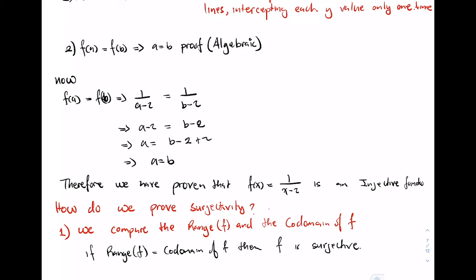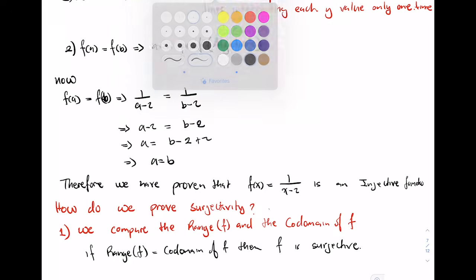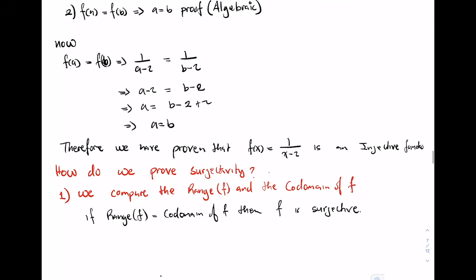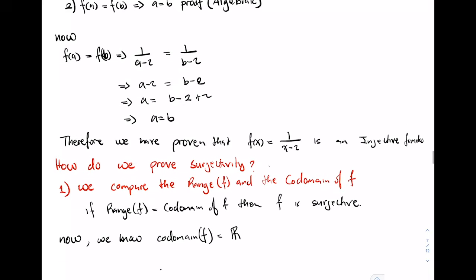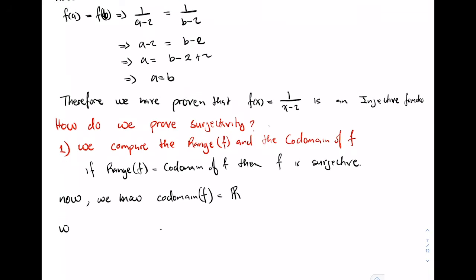So usually the question starts off by giving us the codomain. So here we already know that the codomain of our function here is equal to the set of real numbers. What is the range?